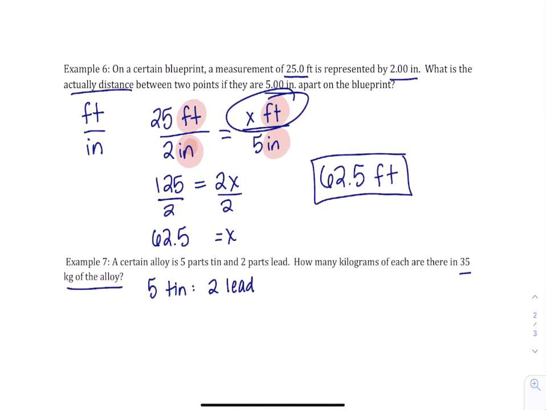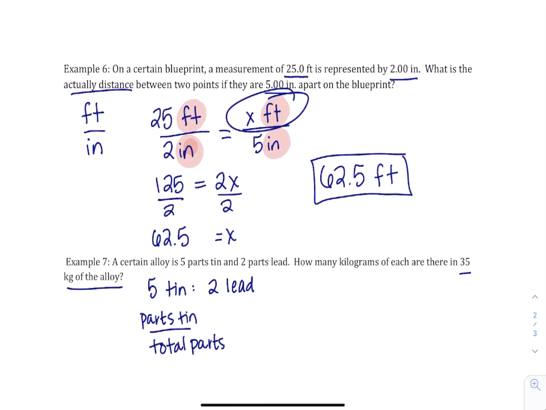So that doesn't make sense anymore for us to have tin to lead. We actually want to know how much tin there is for the total and how much lead there would be for the total. So the way you would set this up is you could set up parts tin to the total parts.